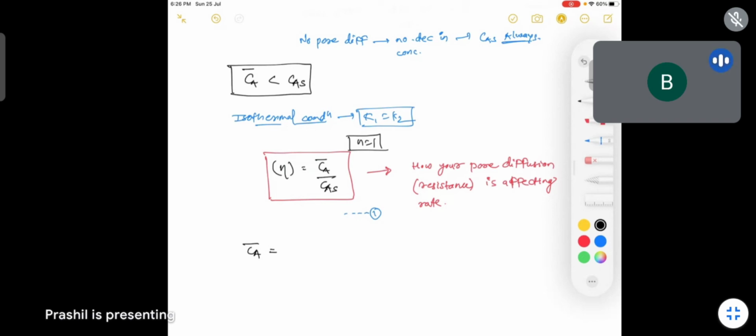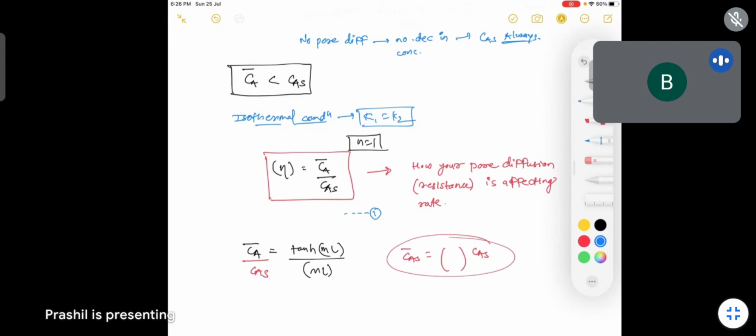Tan hyperbolic ml divided by ml. One term is missing here, that is Cas in the denominator. Or you can say the average concentration is this factor times your surface concentration. So this is your average concentration.